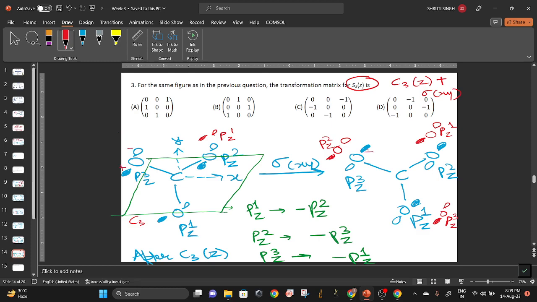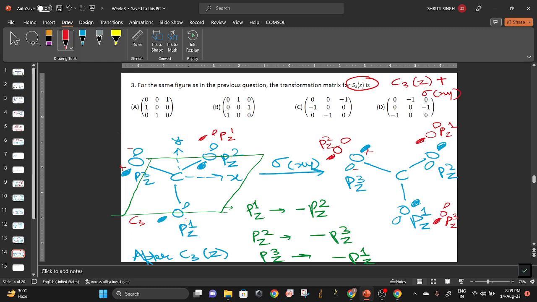Now positive went up, negative came down. Similar thing happened with pz2 and pz1 as well. After C3, pz2 was at this place, and then it remained at this place, but the lobe sign got changed.